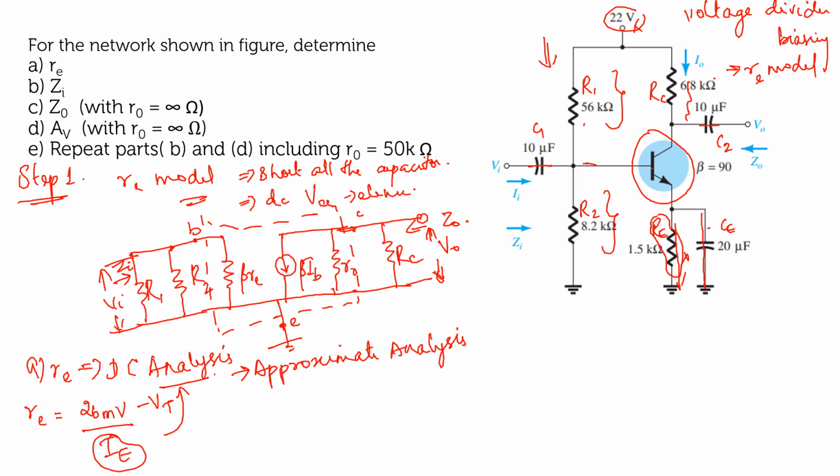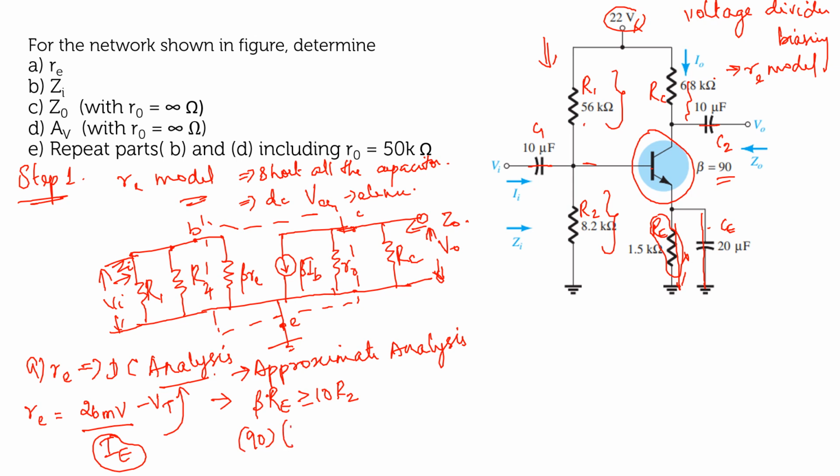In the case of approximate analysis, you have to test the condition. So what is your condition? DC testing to be done, that is beta RE should be greater than or equal to 10 times R2. So what is your beta given? Beta given is equal to 90. So 90 into what is your RE?